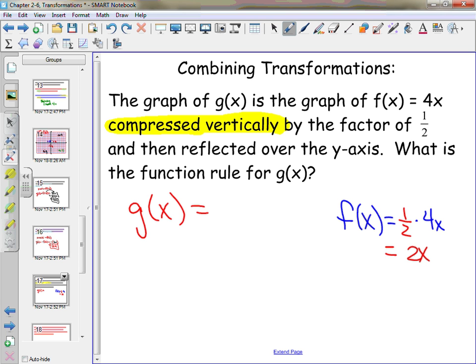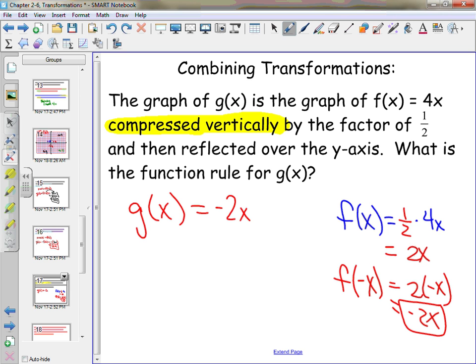So if it's reflected over the y-axis, what does that mean you do? You replace x with a negative. So that means now I have to do f at negative x. So that's 2 times negative x, which is going to be negative 2x. There's your function. Do we understand that? Yes or no?